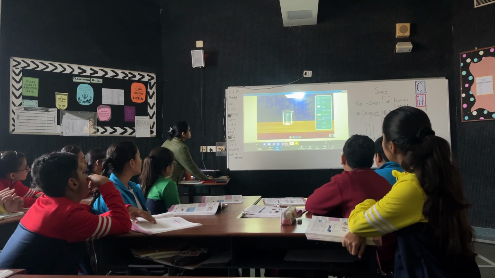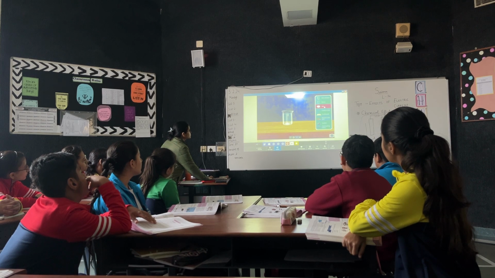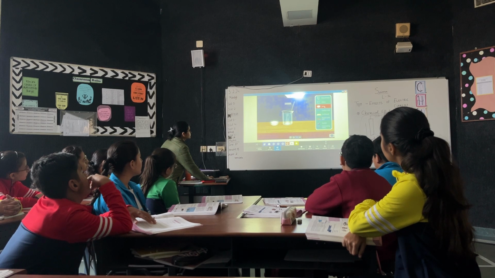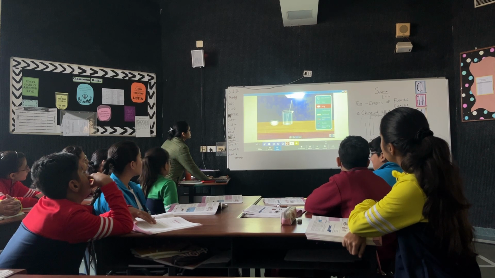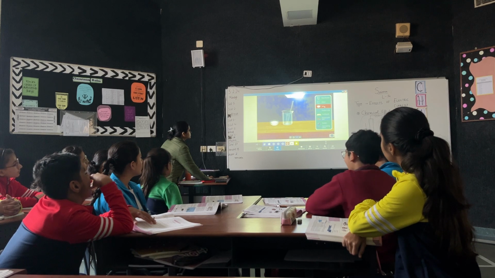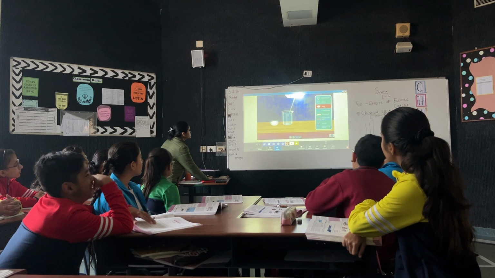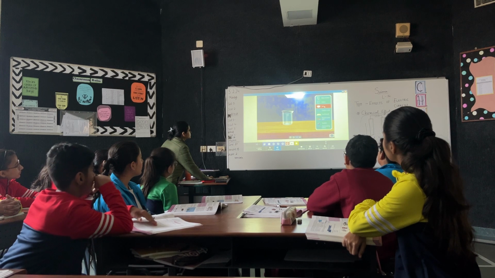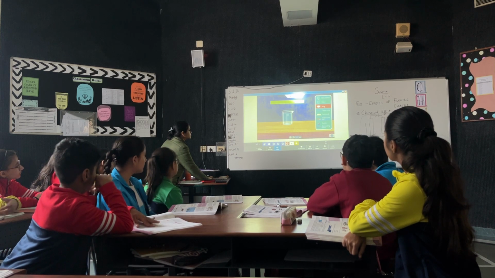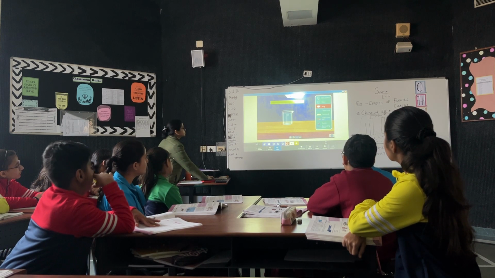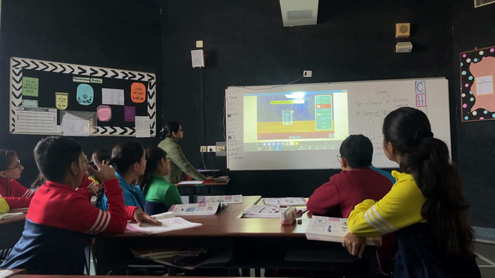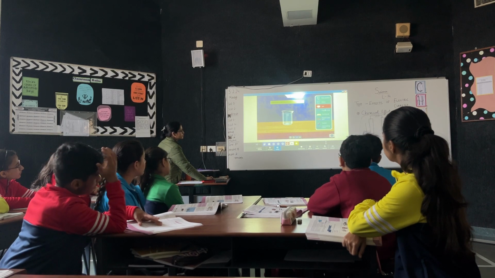Next, add salt to the water. Click on salt from the list. Pure water is a bad conductor of electricity. Adding salt to the water increases its conductivity and speeds up the splitting process of water.